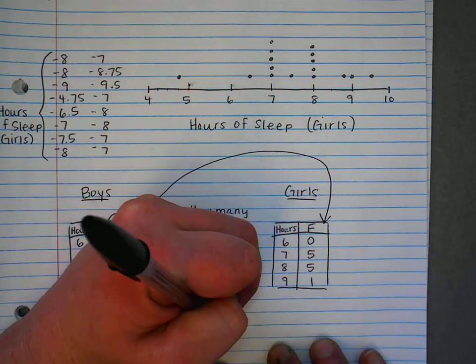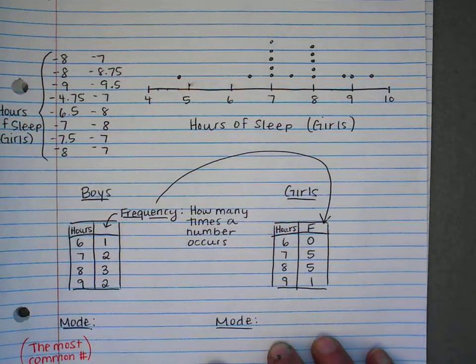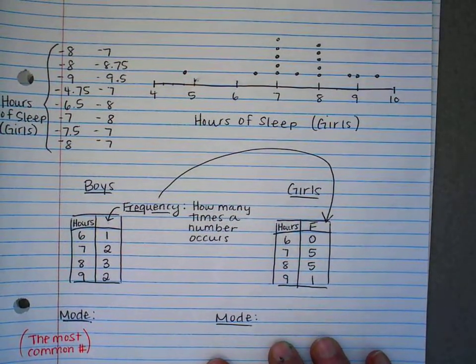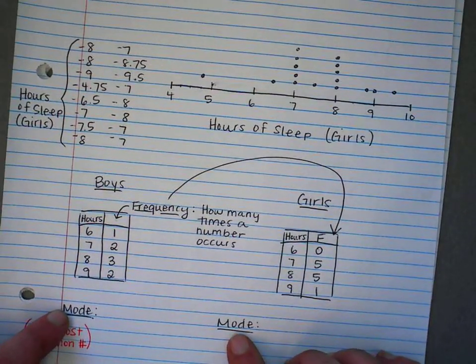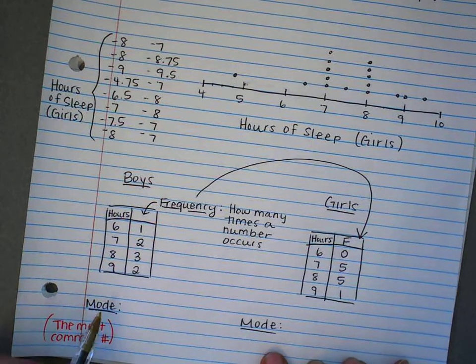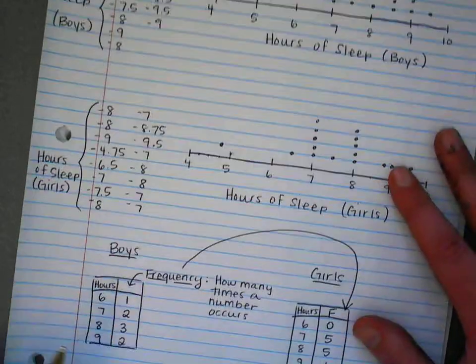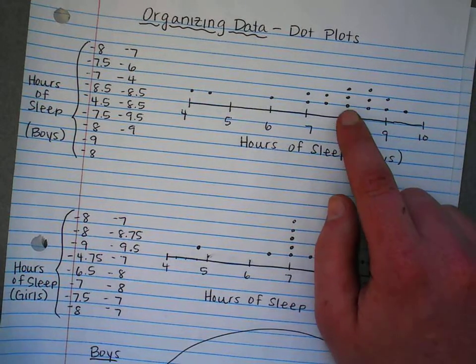For the boys and the girls, I'm going to find the mode for both. Just so you know, on the homework, instead of using the word mode, they use the word modal, M-O-D-A-L. If it says modal, it really just means mode. If we go back to the boys, it looks like there was a tie for the mode.